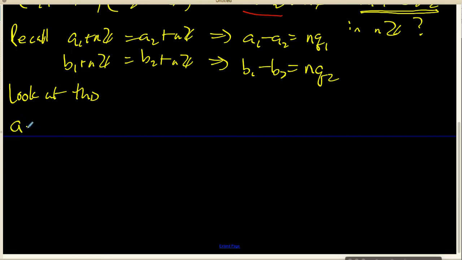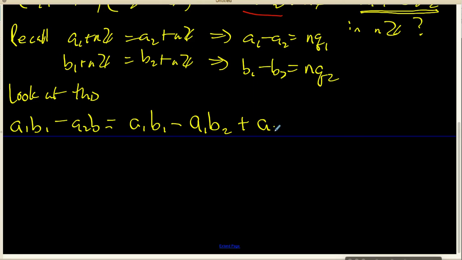I'm going to look at A1 B1 minus A2 B2. And because I don't know anything else about what to do, I'm going to add and subtract the same thing. I'm going to first of all subtract off, let's make it A1 times B2, but if I subtract that off, I'm going to have to add it right back.